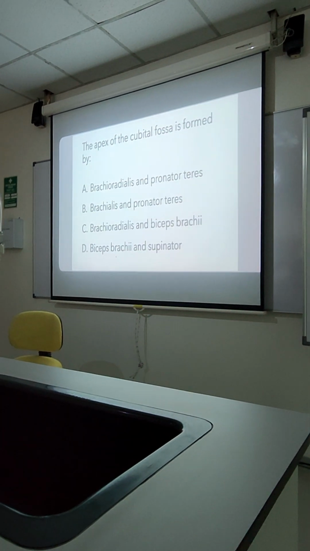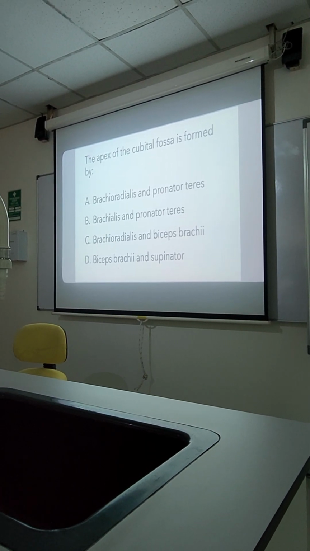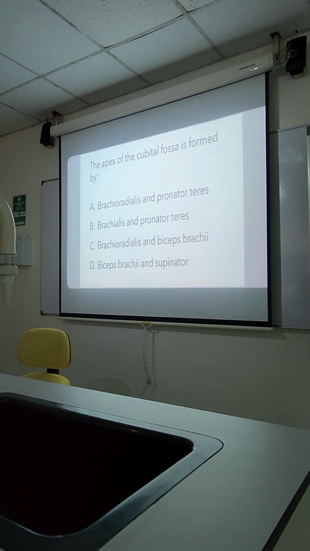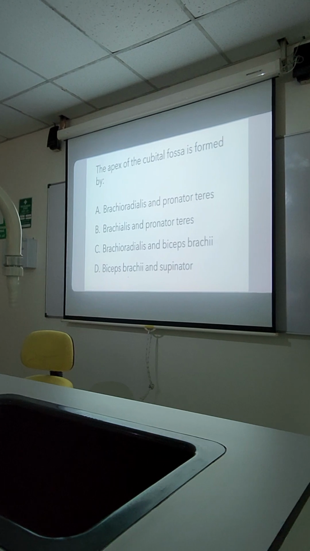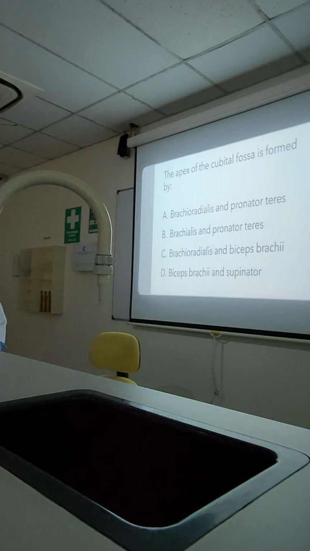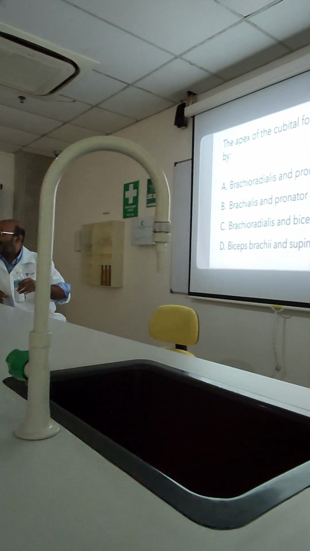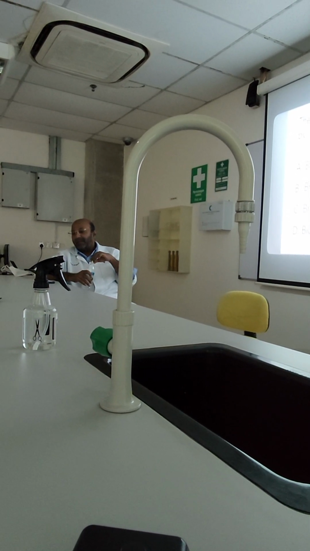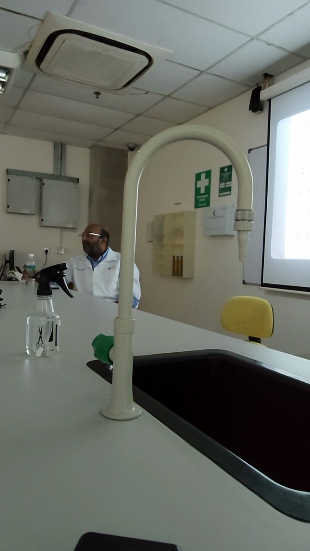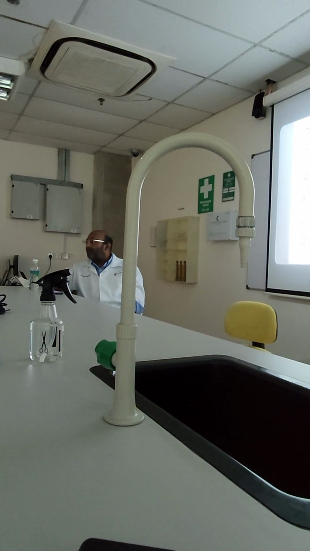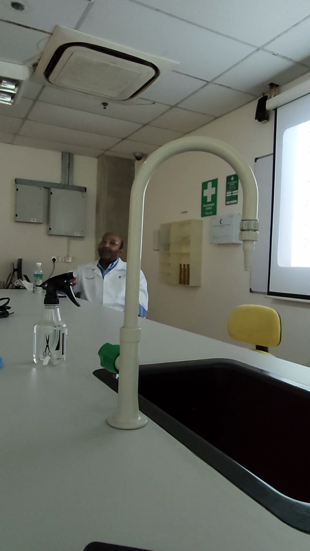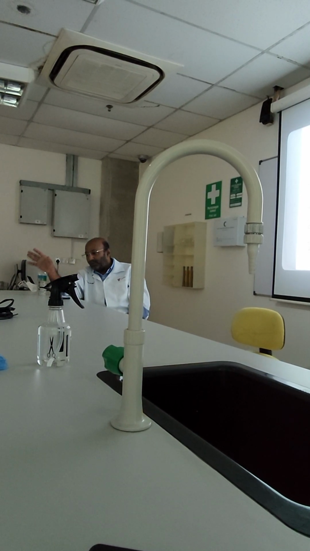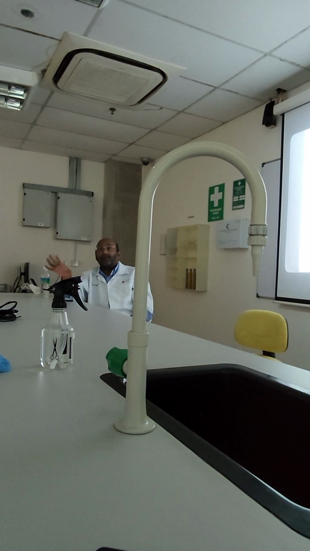The apex of the cubital fossa is formed by brachioradialis and pronator teres. Is brachialis related to the cubital fossa?